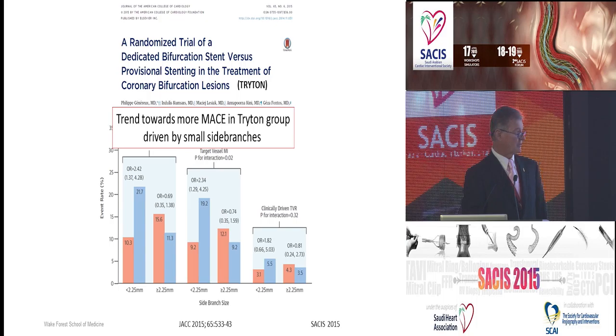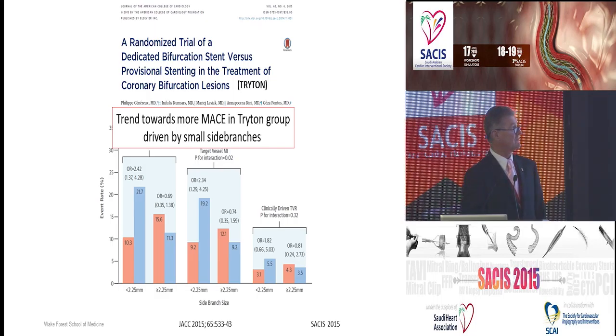If you look at it a little bit more carefully, though, we can see that based on the branch vessel size, most of this unexpected lack of a benefit was driven almost entirely by vessels smaller than 2.25, and when I refer to the vessel, I mean the side branch.